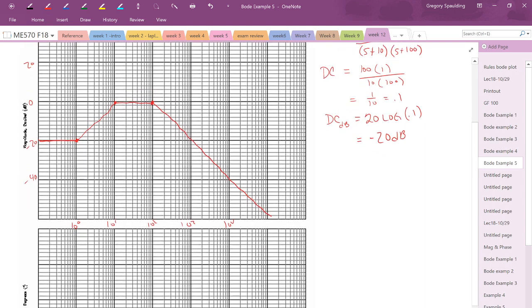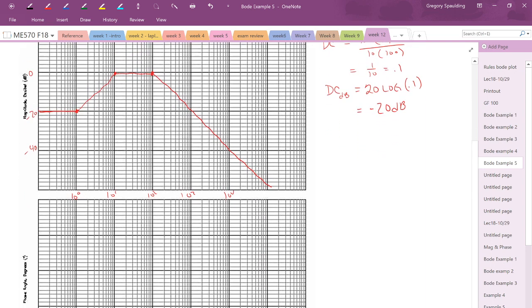Okay, so now we want to start thinking about the phase. The phase is equal to the slope times 90 degrees per 20 dB per decade.